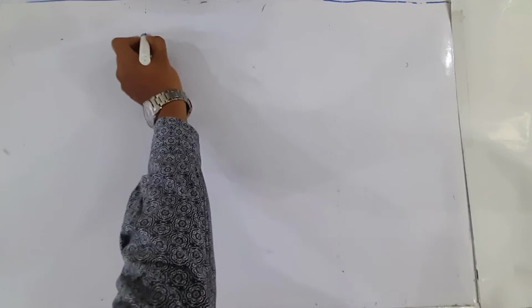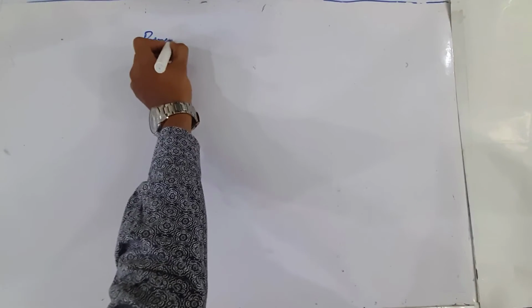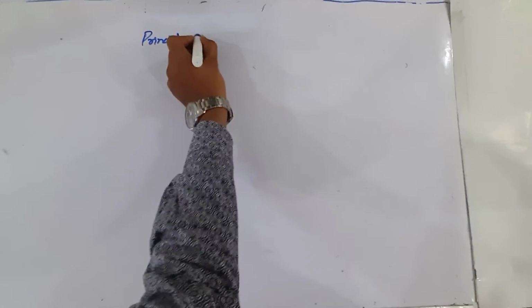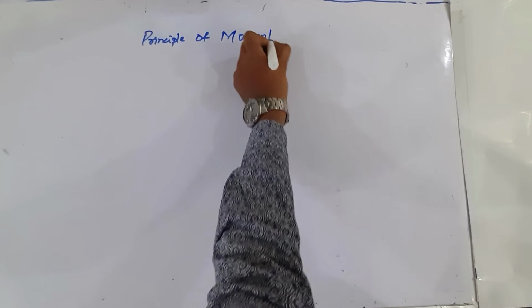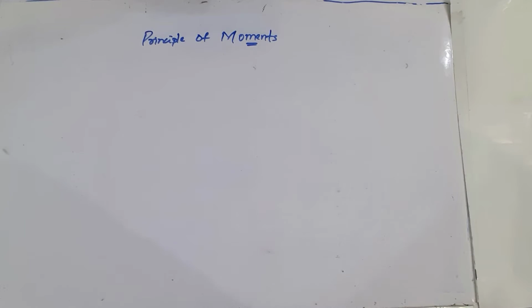Now we will discuss the principle of moments. According to the principle of moments, if the algebraic sum of moments of all the forces acting on the body about the axis of rotation is 0, then the body is said to be in equilibrium.